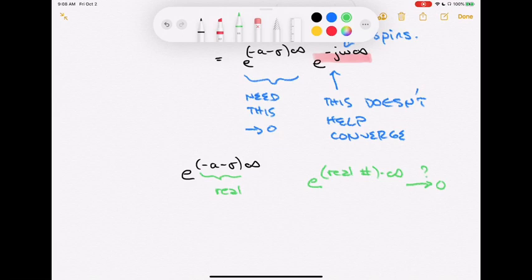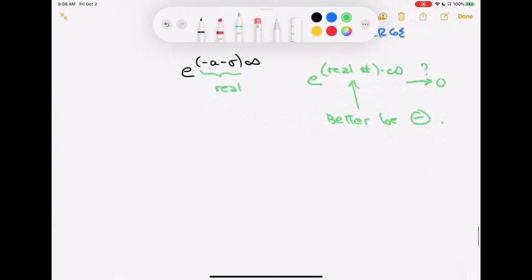How do I ensure that that happens? Well, that real number better be negative. If that thing isn't negative, this thing is not going to converge. So our requirement for convergence, and I think this will become easier as we get along, we don't have to go through the same level of development every single time.